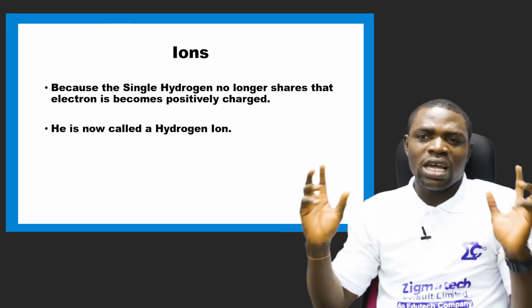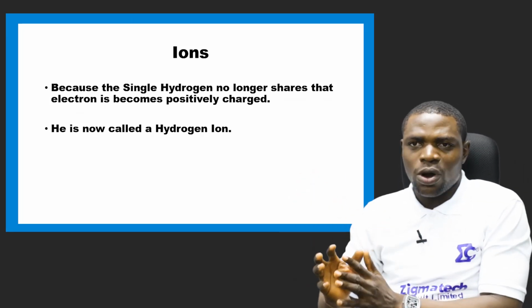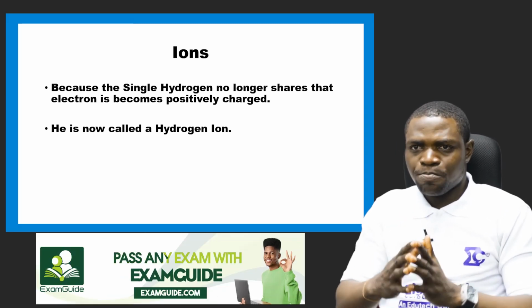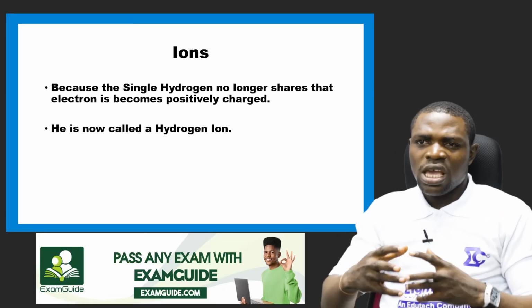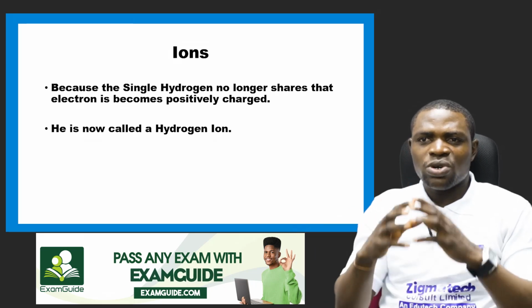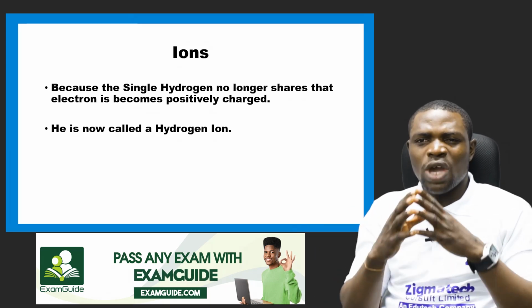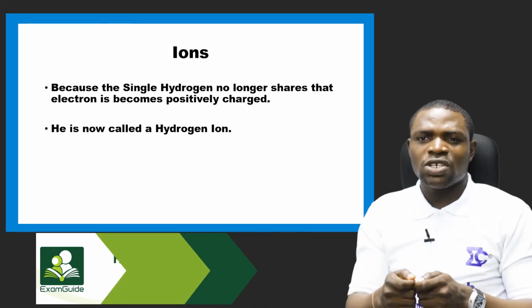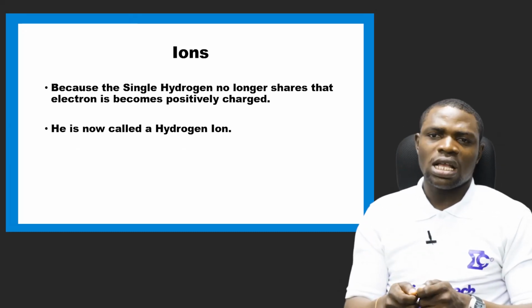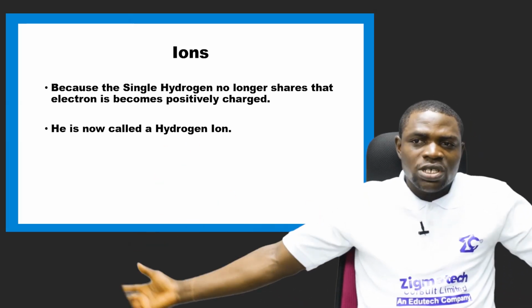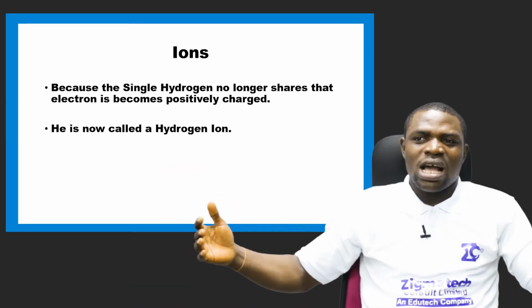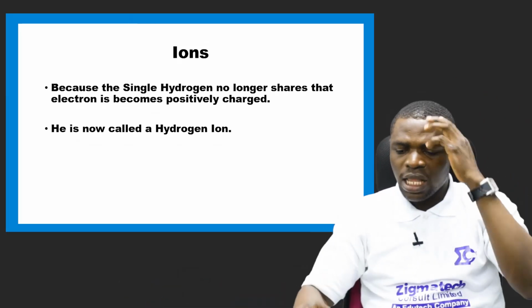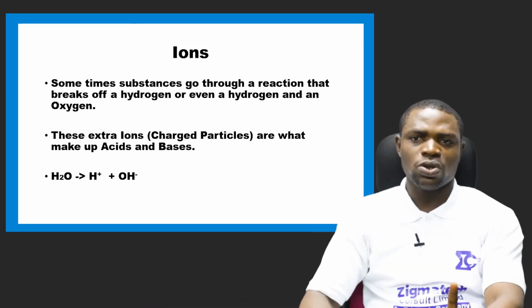Please remember when we dealt with the concept of the periodic table, and we looked at how charges emerge and how charges react. In the same vein, any single hydrogen that has no capacity to share its electron becomes positively charged, and now we can call it hydrogen ion because it can no longer share its electron. So it must be positively charged. That's what we call hydrogen ion, H plus.